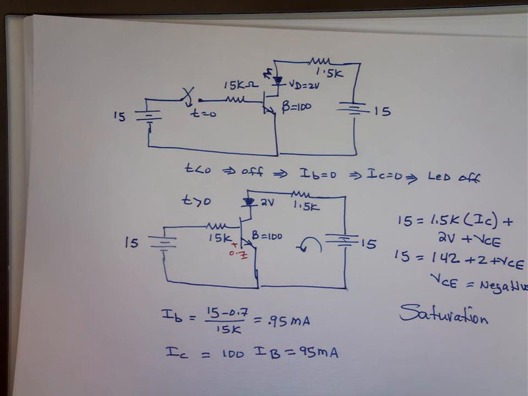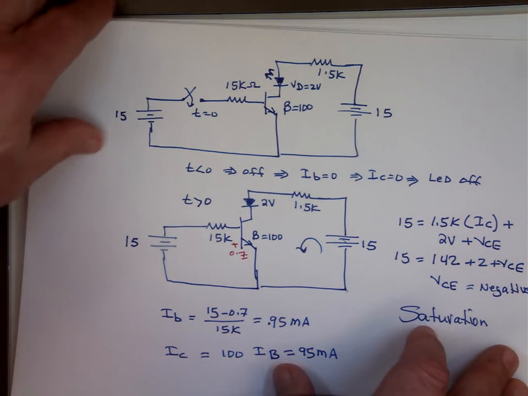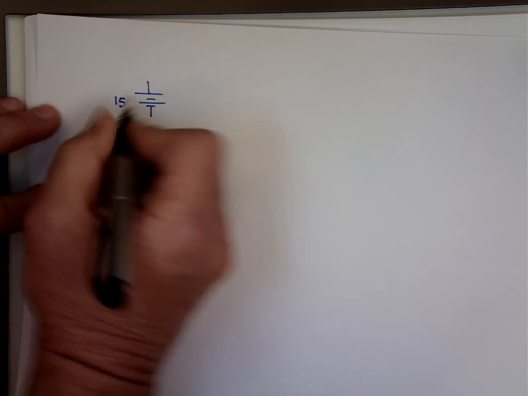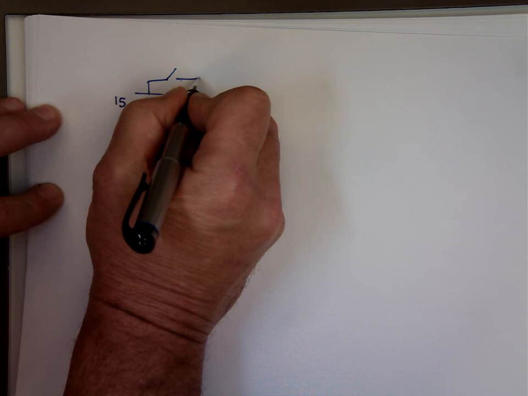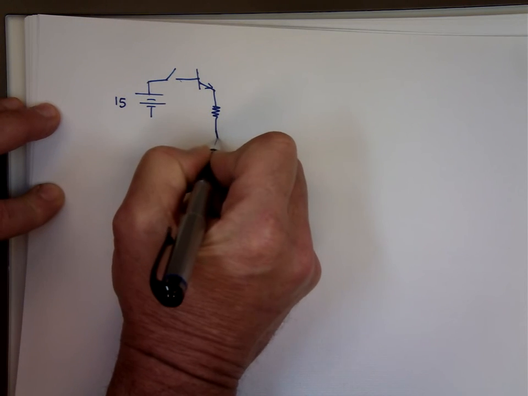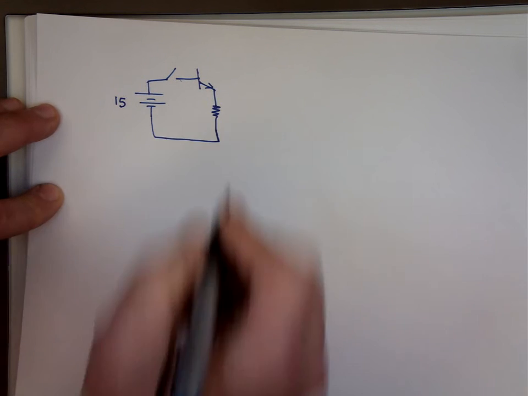So now let's change it around there. Let's move that resistor down here and use different values. So let's take another 1 here, 15, and again, emitter bias now. Let's put a 1.5 kilo ohm here.